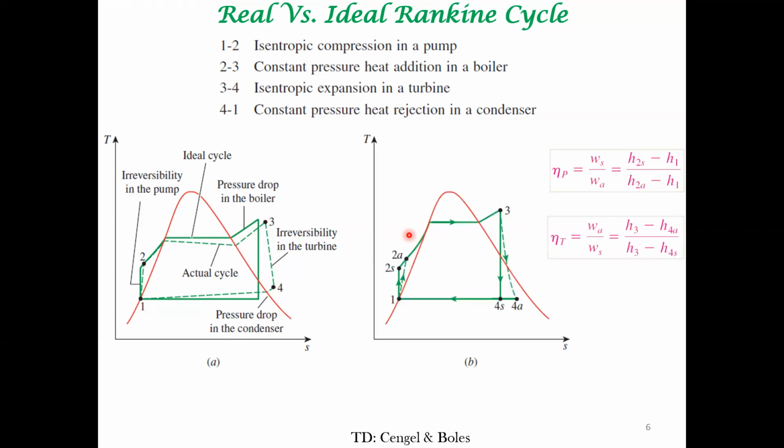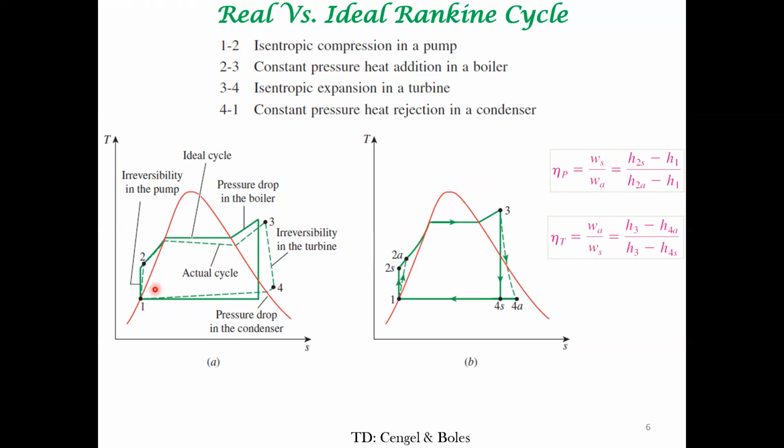So you can also define the efficiencies based on these non-idealities. Here we are defining the efficiency of the pump and the efficiency of the turbine using the isentropic efficiencies. So this is the actual work input for the pump, right?